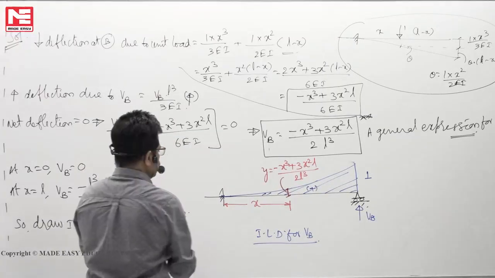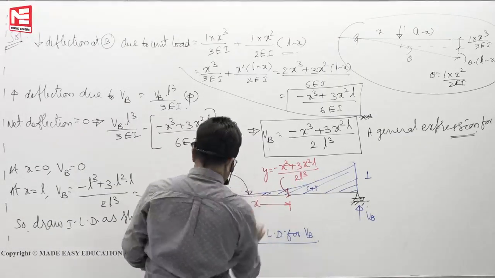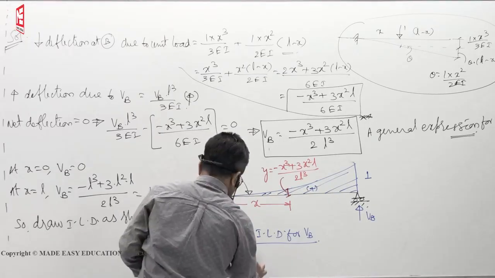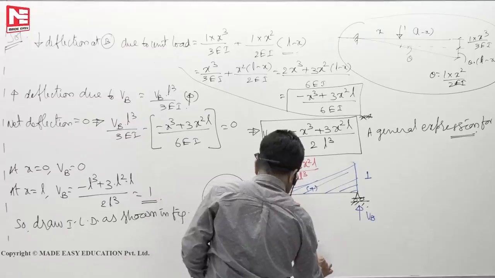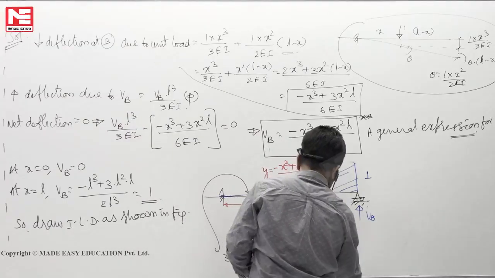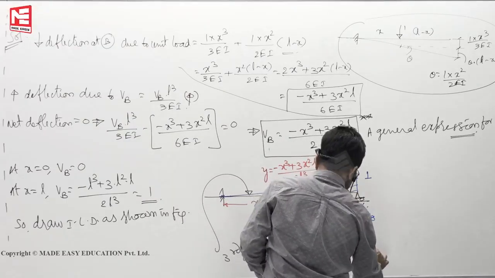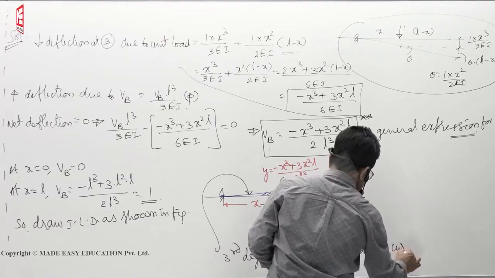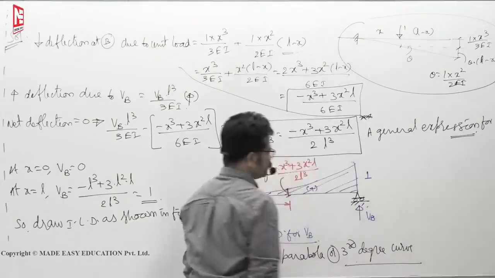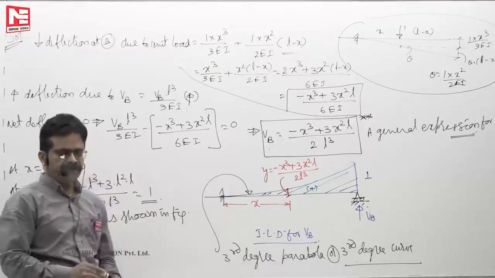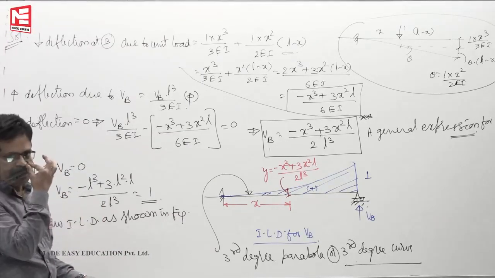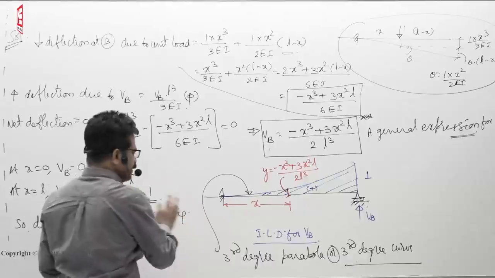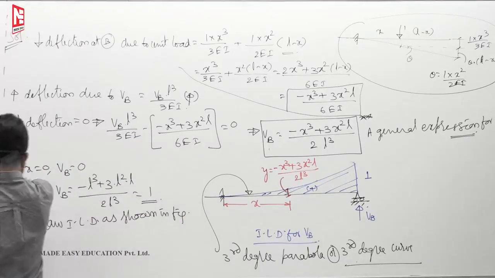So it is a third degree parabola, or third degree curve. Cubic curve, if you use that word, simply means y is equal to x cube. But it is a third degree parabola.